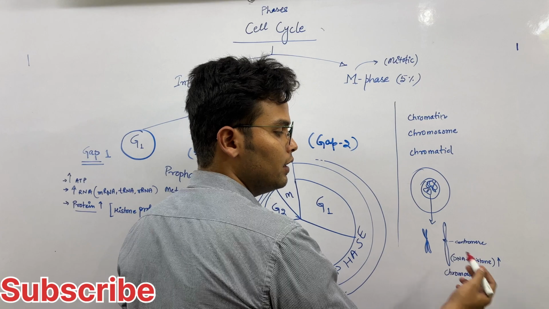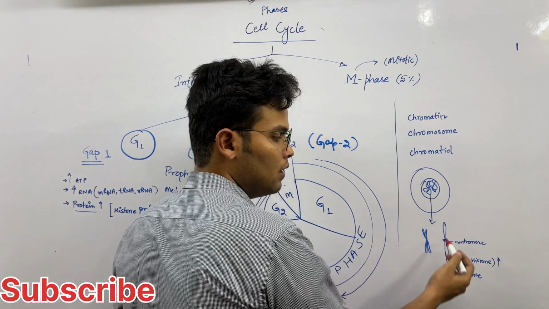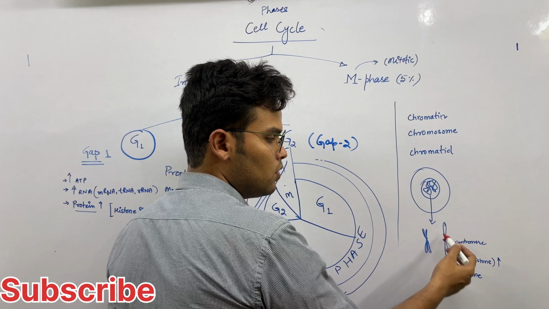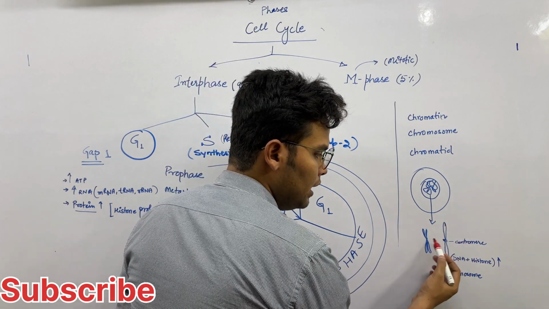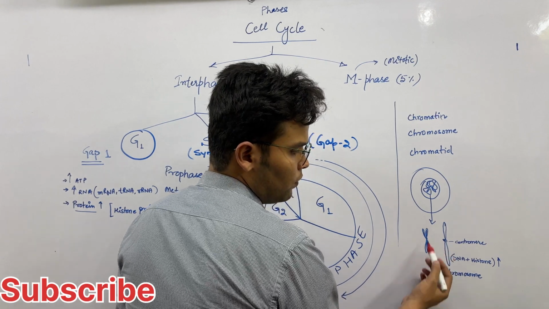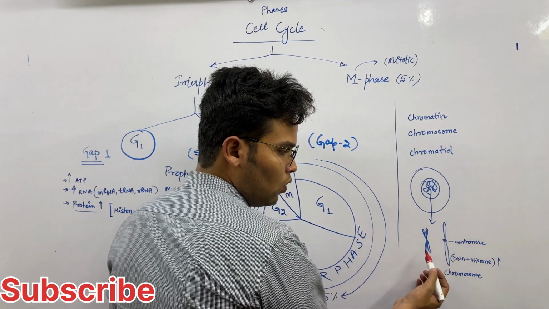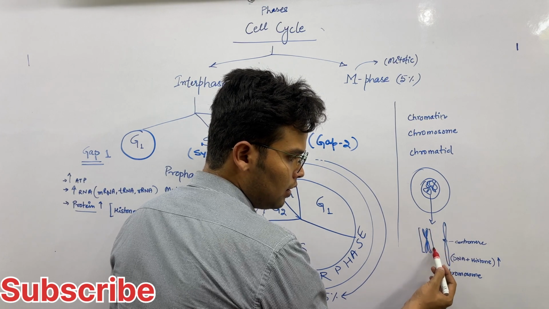and if both are increasing, these bands, or we can say these arms of the chromosome, will bulge and lead to the formation of a structure like this. Okay, and now we have one side and another side.